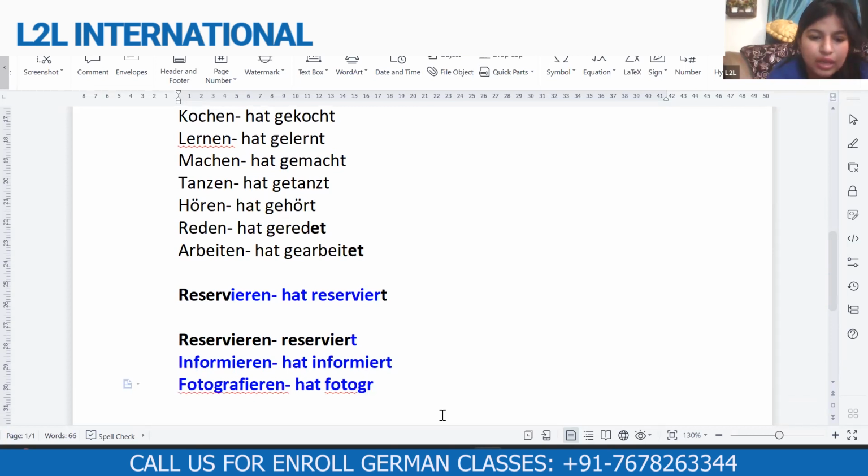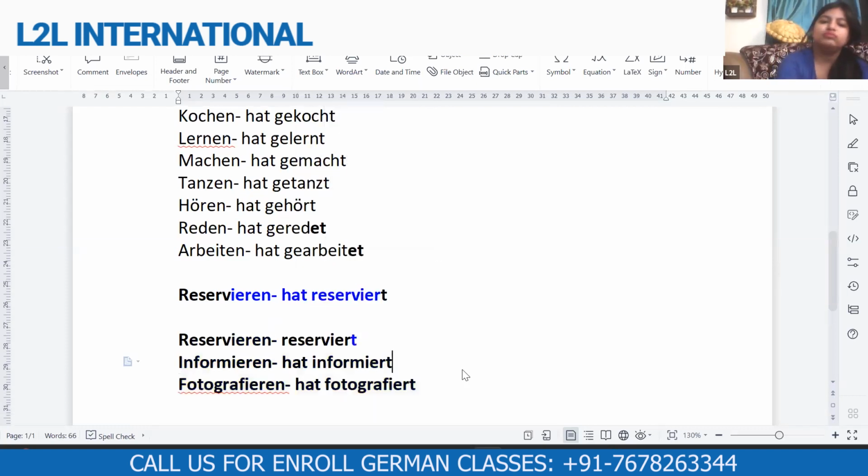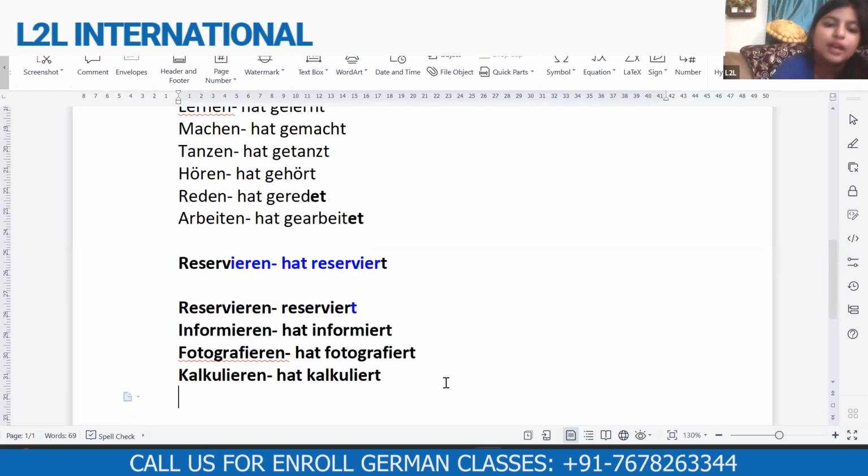Then I have one word for Revati: kalkulieren. Hard kalkuliert. Very good.